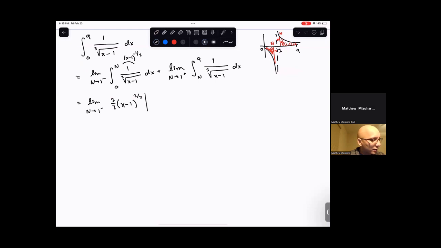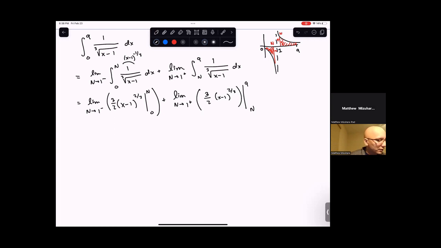I'm going to plug in 0 and n. Plus, you could do this first one all by itself if you'd like. I'm just going to write down both because it's the same antiderivative both times. So this is going to be 3/2 (x minus 1) to the 2/3. And then this again, I'm going to plug in starting at n and then go up to 9.